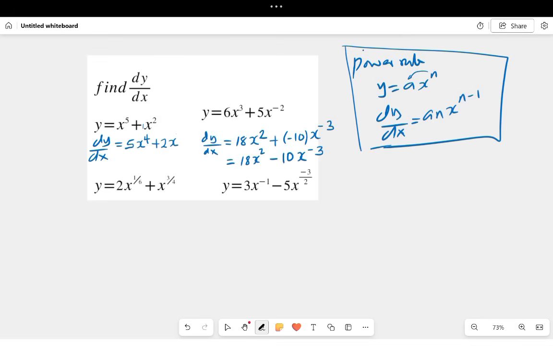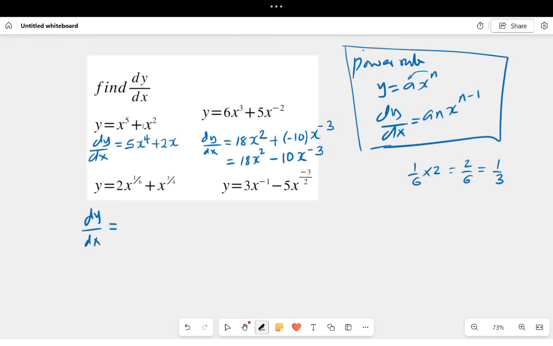Now, the next one here, dy over dx will be equal to 1 over 6 times 2. Let me write it here. So 1 over 6 times 2. All right, this is going to be 2 over 6, which is simply equal to 1 over 3.